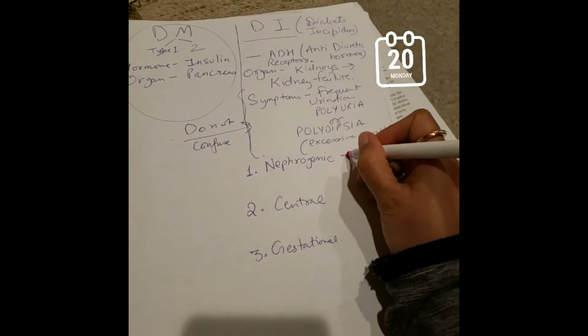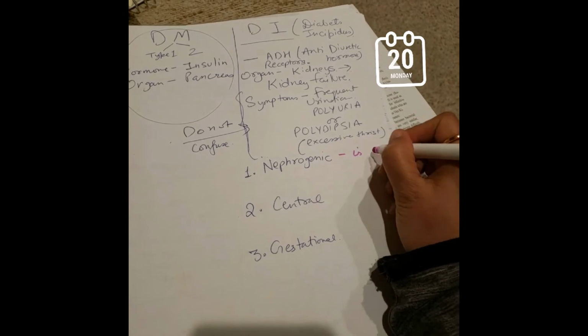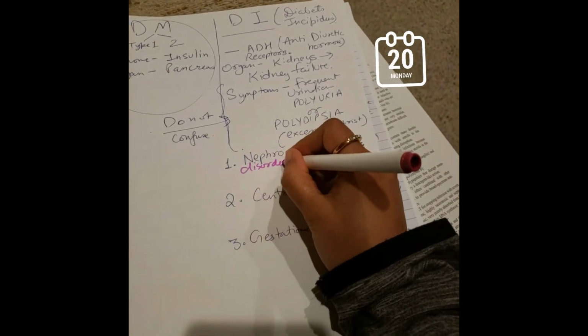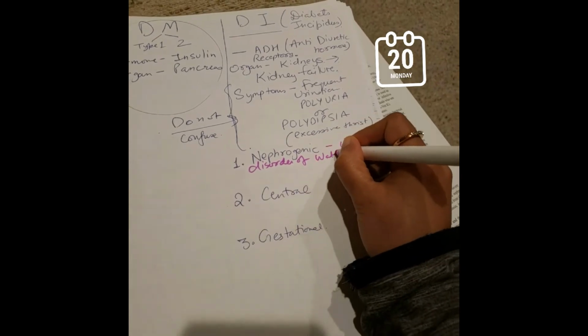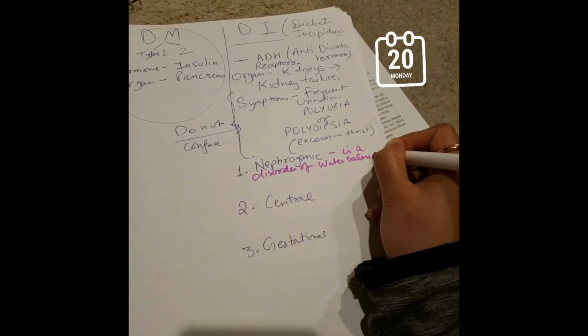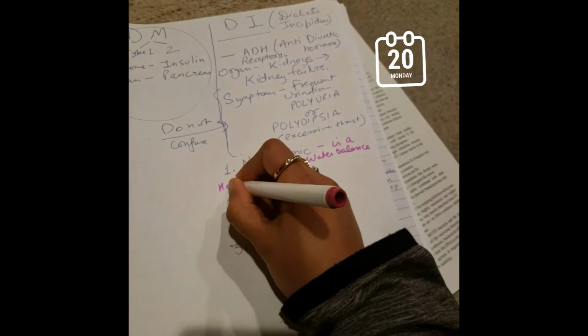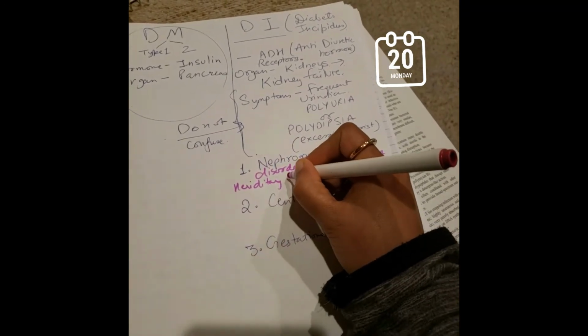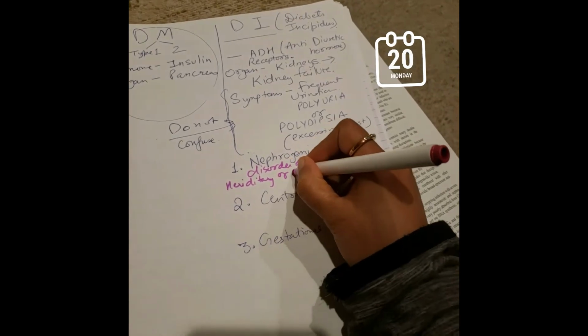So nephrogenic is a disorder of water balance. It can be hereditary or acquired.